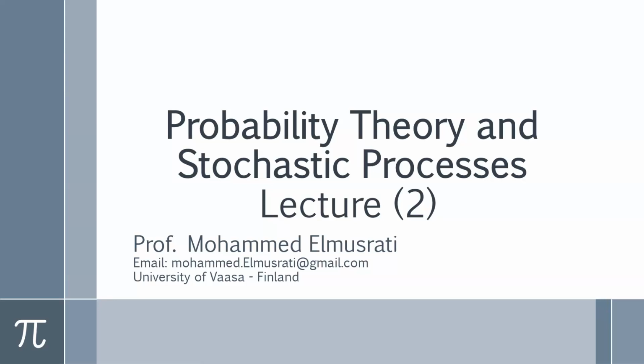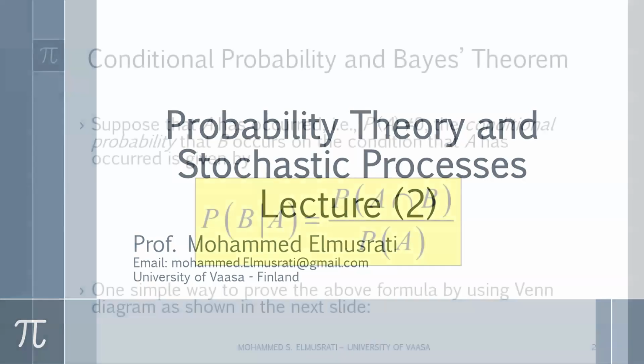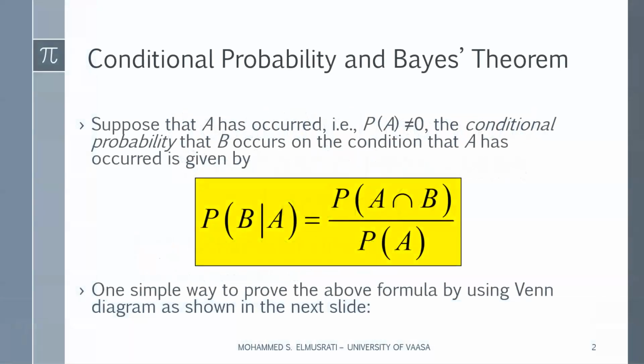And also we mentioned in the previous lecture in detail why probability theory and stochastic processes are very important in many different applications. Today we can go a little bit further to the next part, which is conditional probability.